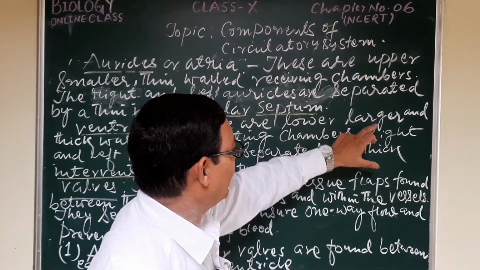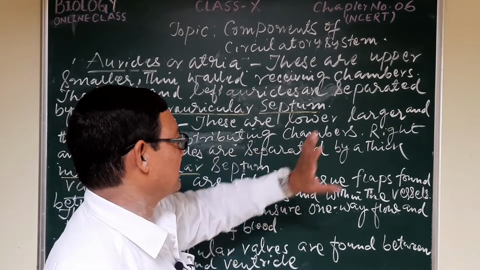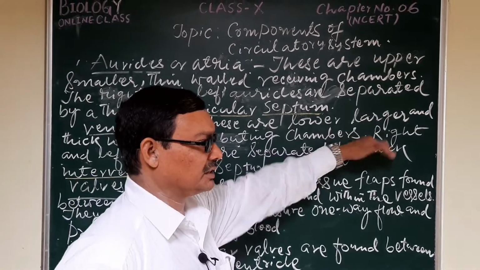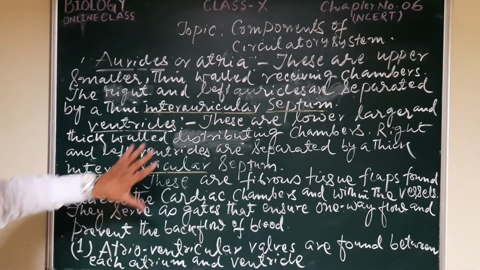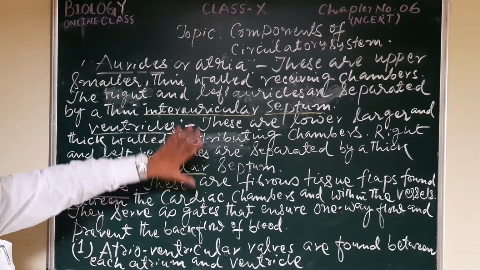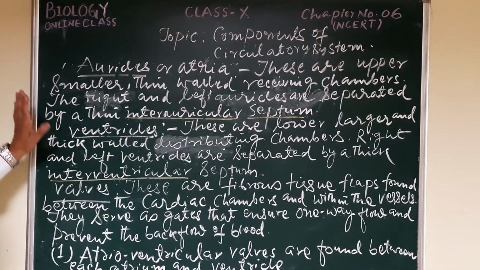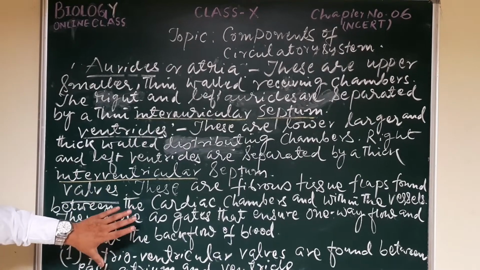These are lower, larger and thick walled distributing chambers. Right and left ventricles are also separated by a thick interventricular septum.